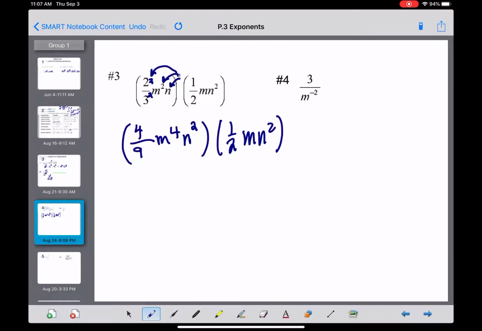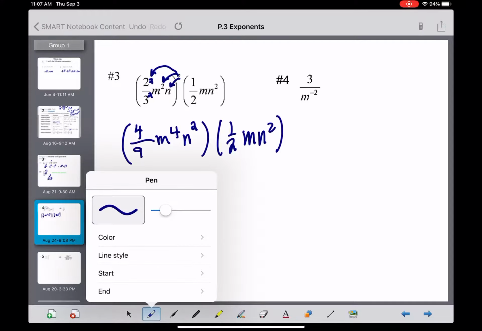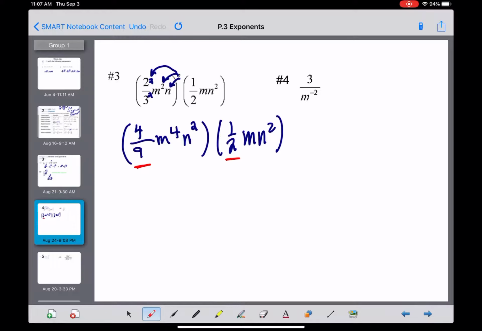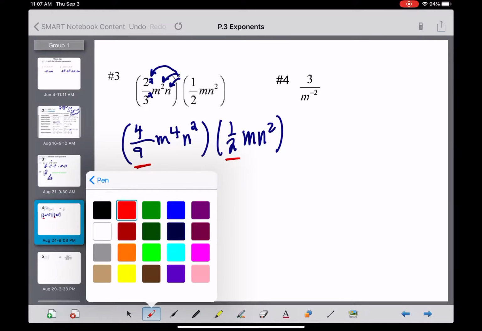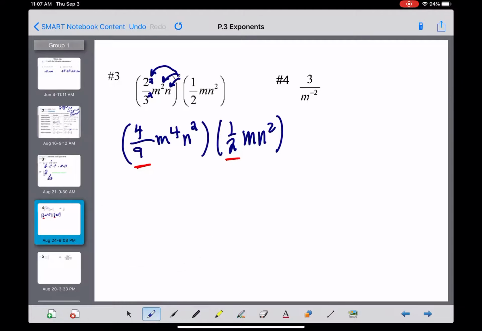Now we can combine our like terms. So first of all, the 4/9 and the 1/2 are going to combine, and we're going to get 4 times 1/2. So 4 times 1 is 4, and 9 times 2 is 18.